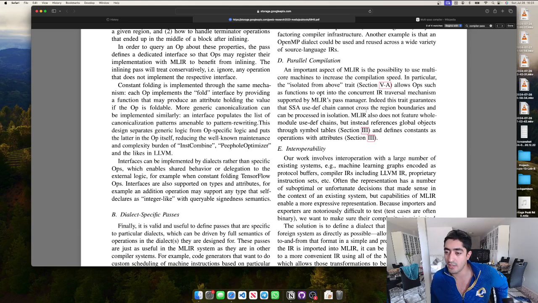Indeed, this trait guarantees that SSA use-def chains cannot cross the region boundaries and can be processed in isolation. MLIR also does not feature whole module use-def chains, but instead references global objects through symbol tables and defines constants as operations with attributes.